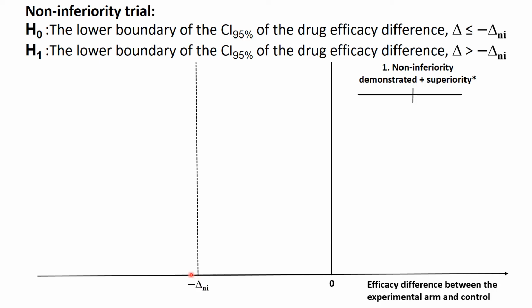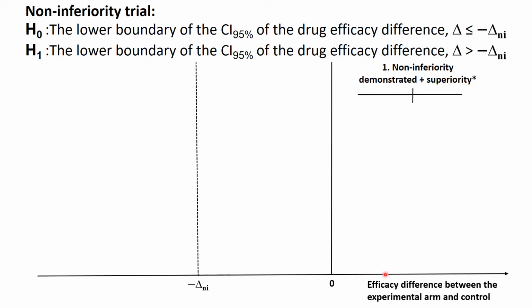So it should not be somewhere here. It's not less than this, so it should be greater than this threshold. So as we can see, it's greater than this threshold. So if this difference is greater than this threshold, it means at point 0 they have equal therapeutic effect, the control arm compared to the experimental arm.